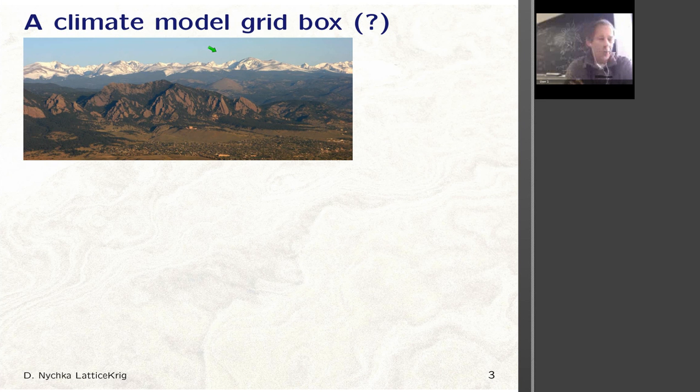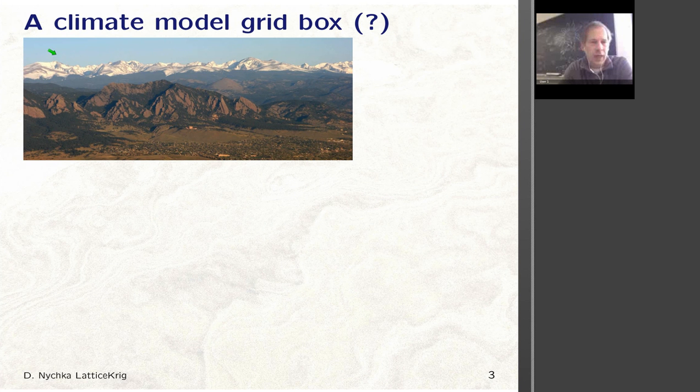And what I mean by that is it's interpreted as an average over this entire grid box. Obviously, if we want to study climate change for South Boulder, it doesn't help to consider this broad average that also includes the effects of high altitude and alpine meteorology.